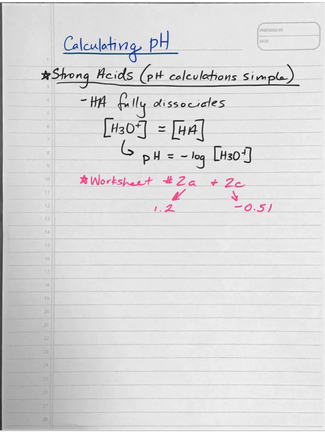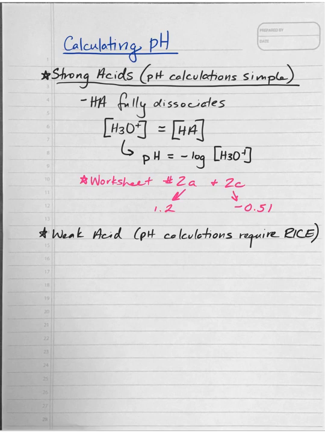For weak acids, this calculation is more complicated. The pH calculations for a weak acid are going to require a RICE table because we're dealing with equilibrium reactions. The HA does not fully dissociate.